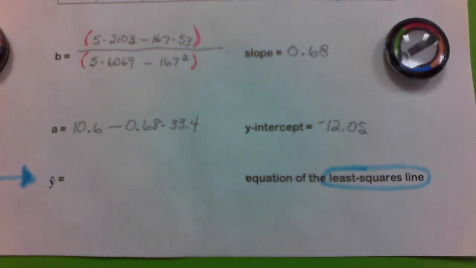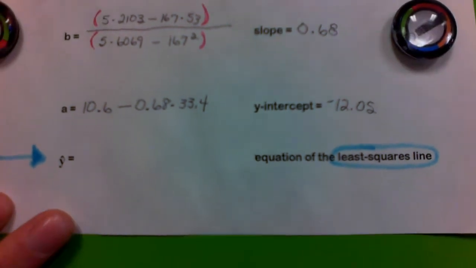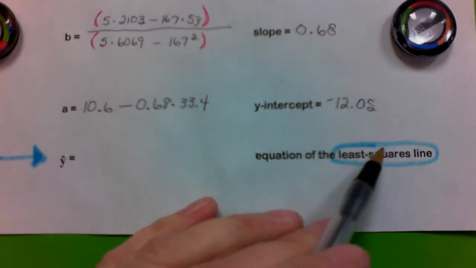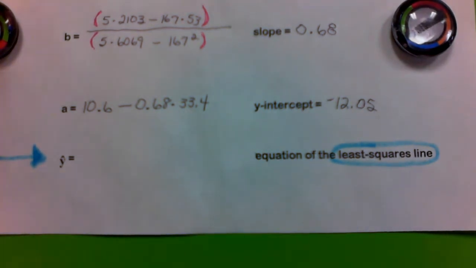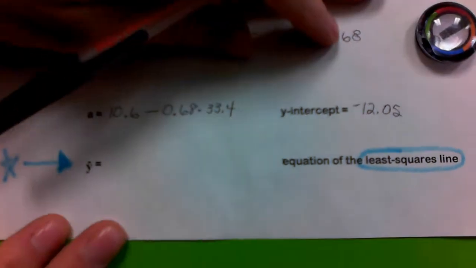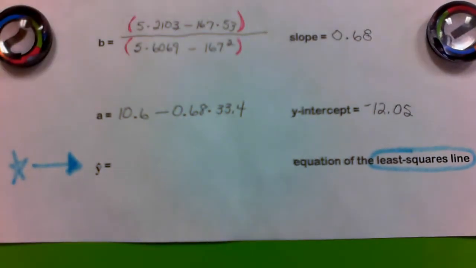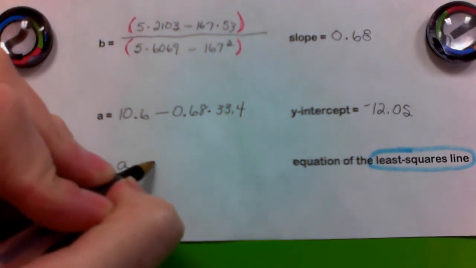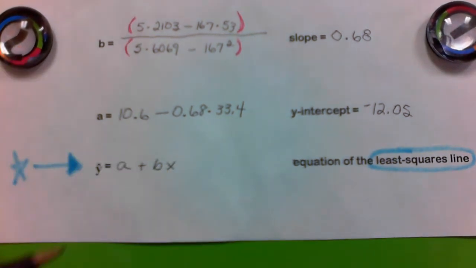Now, we are now going to create what we are looking for, and on a test you will be asked to find the least squares line. So notice I have an arrow, and I'm going to move it over here so you see the star. Now, the general formula is A plus BX.